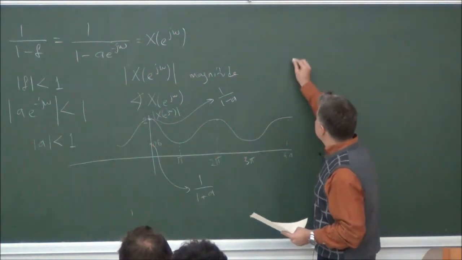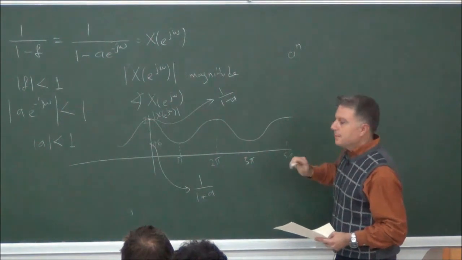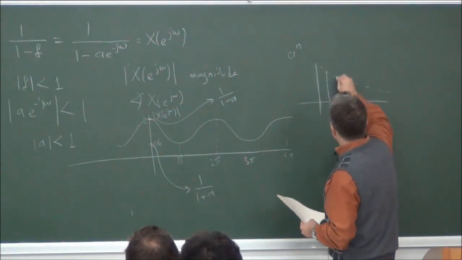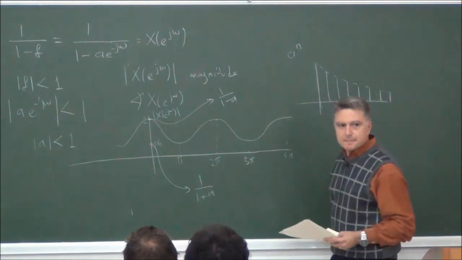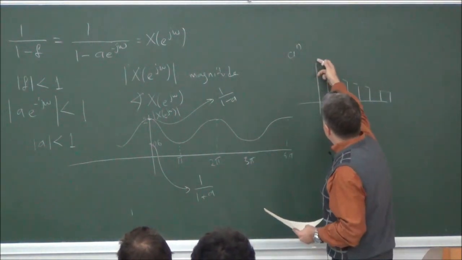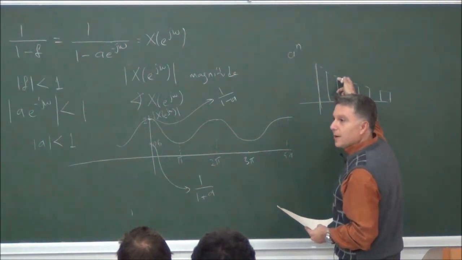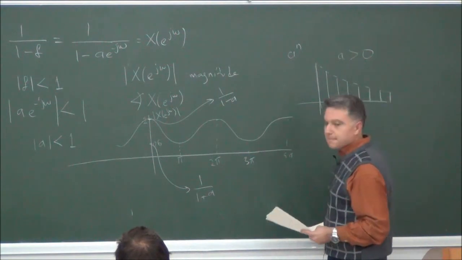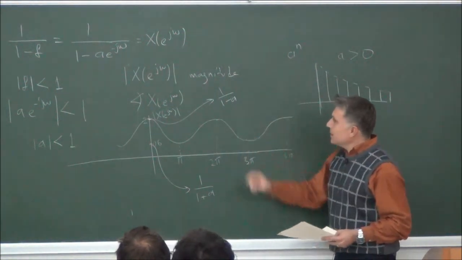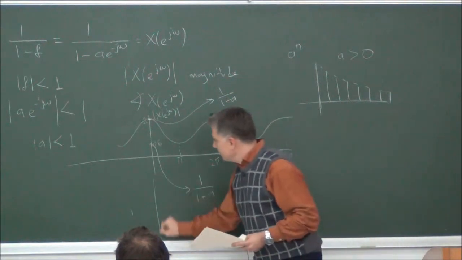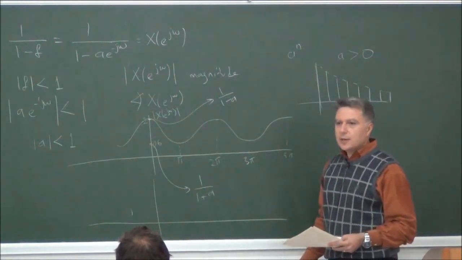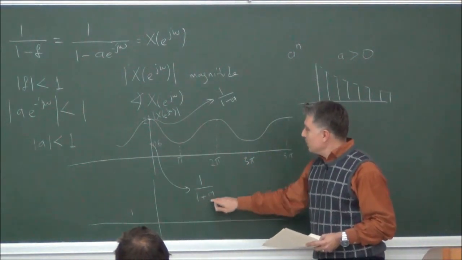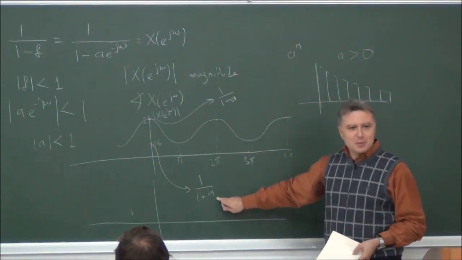When a is positive, a to the n, what does it look like? It looks like a decaying sequence like this, isn't it? For example, 0.5 or 1, 0.5, 0.25, etc. It is decreasing like this if a is positive. If a is negative, what does the shape look like? Then this value, 1 over 1 plus a, will be a large number because a is negative.